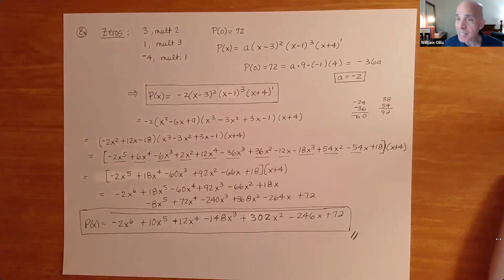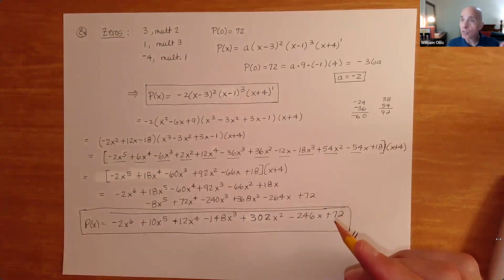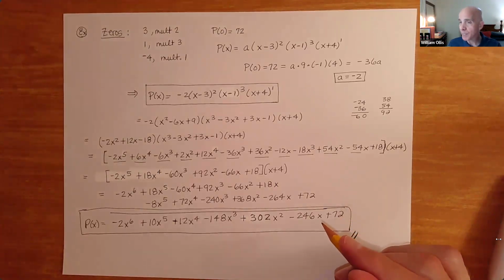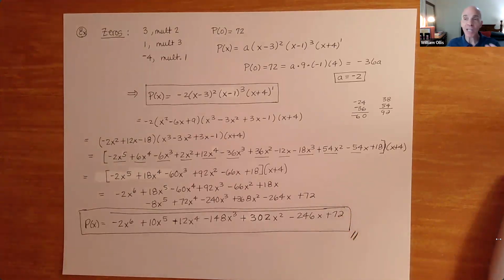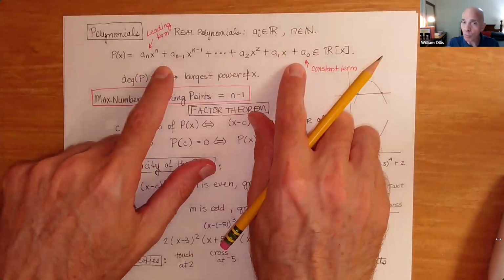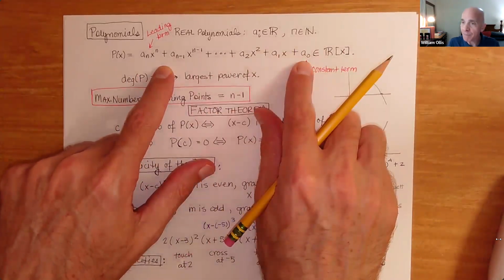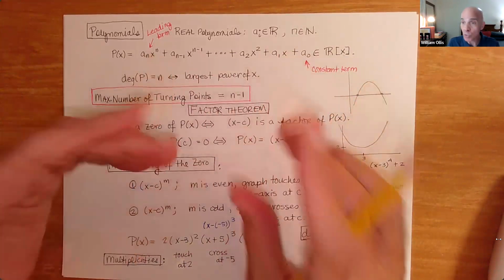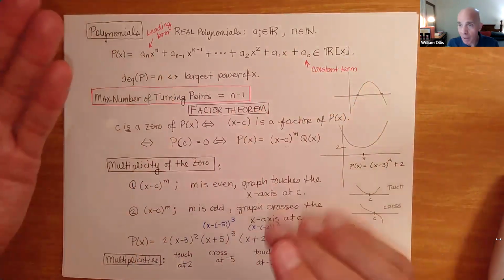So as you're working these examples, I want you to note that you can use the zeros, the multiplicities, you can use the y-intercept, the end behavior, and get acquainted with all of that. And just make sure, ladies and gentlemen, that remember, all polynomials have this form. All polynomials have this form. And so if you don't have this form, it's not a polynomial.